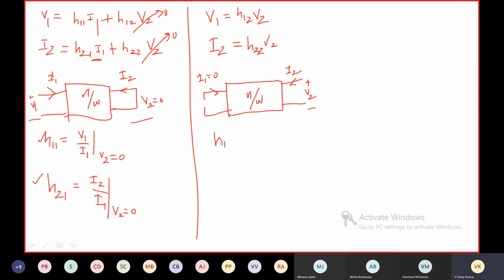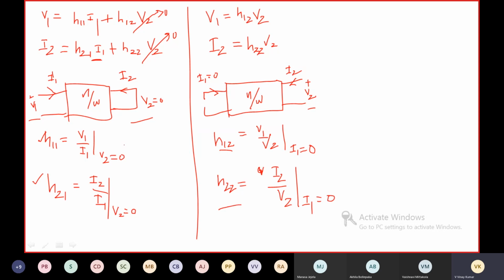Then H12 is equal to V1 by V2, and H22 is equal to I2 by V2, when I1 is equal to 0. So by open circuiting port 1, you get H12 and H22.